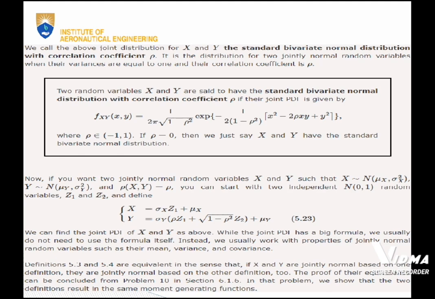While the joint PDF has a big formula, we usually do not need to use the formula itself. Instead, we usually work with properties of jointly normal random variables such as their mean and variance. The two definitions are equivalent in the sense that if X and Y are jointly normal based on one definition, then they are jointly normal based on the other definition too.